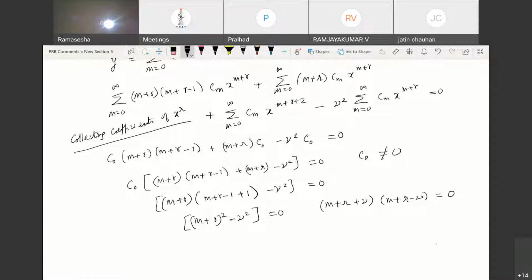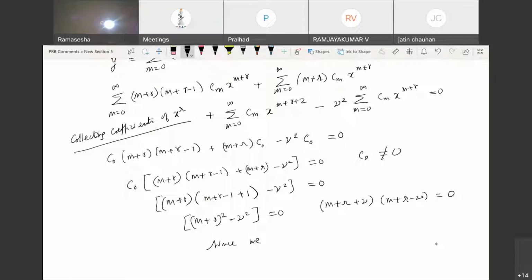M plus R plus nu into M plus R minus nu is what the solution is going to be. So I will have the solution for R to be M is equal to, okay, since we are dealing with C naught, M is equal to 0.